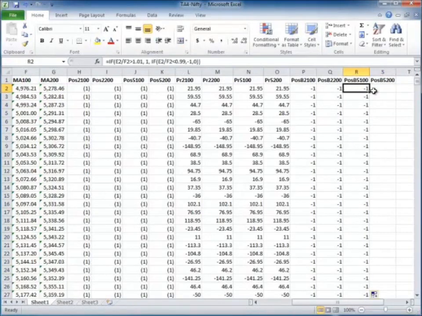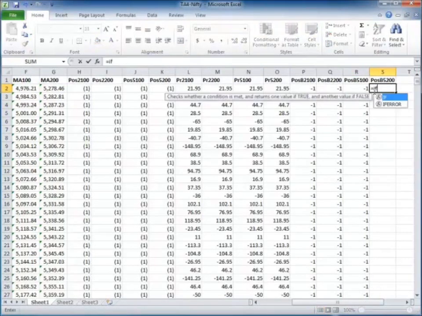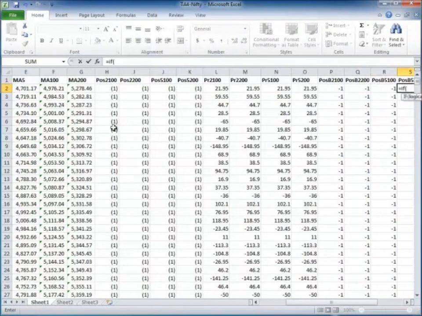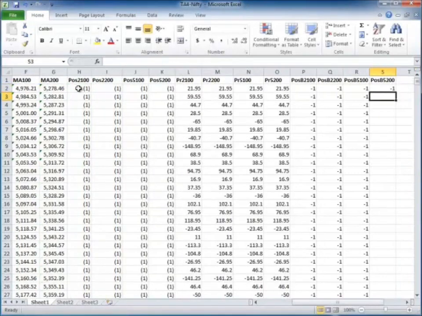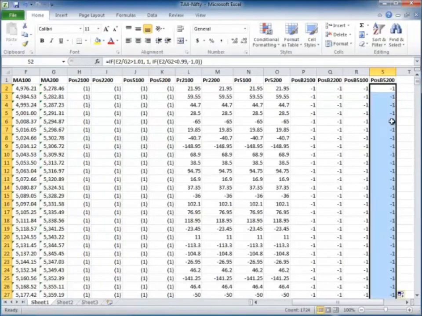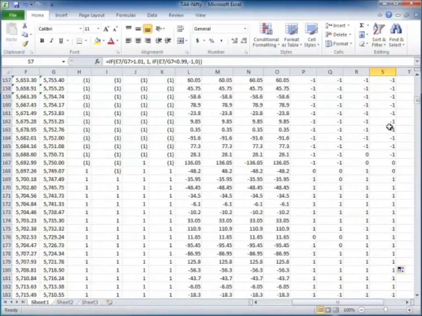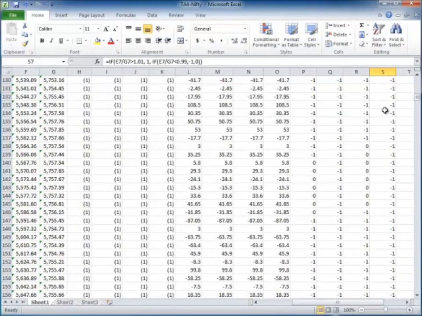Okay, and this will be for the 5 and the 200. Alright, so again here we're going to have some 1s, 0s, and -1s for all of them.